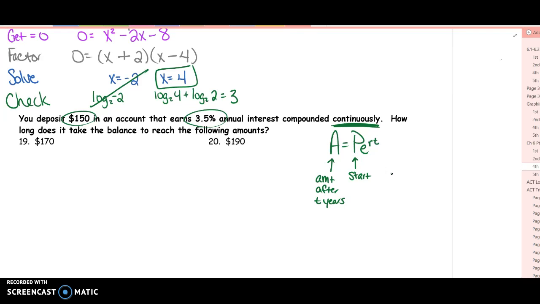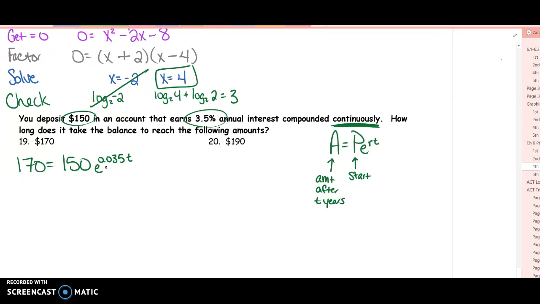So we put 170 in place of A. We started with 150. Our rate, r, is 3.5%. To write 3.5% as a decimal, it would be 0.035, and t needs to be in that exponent.